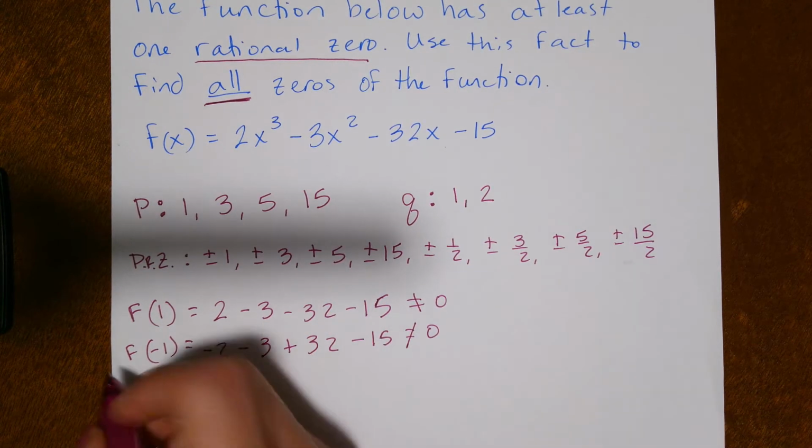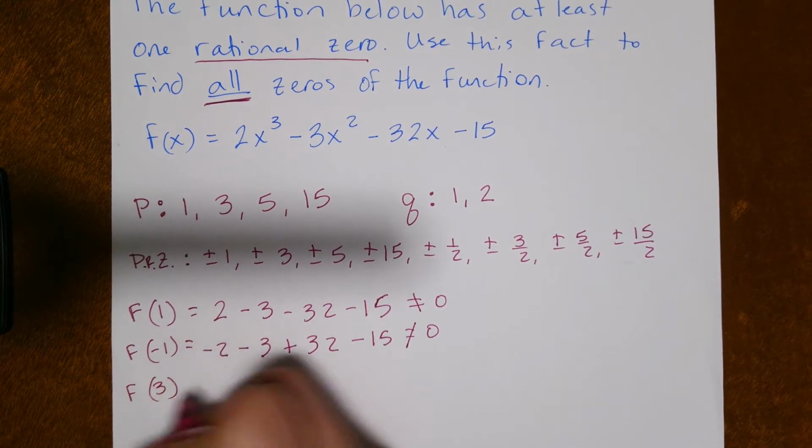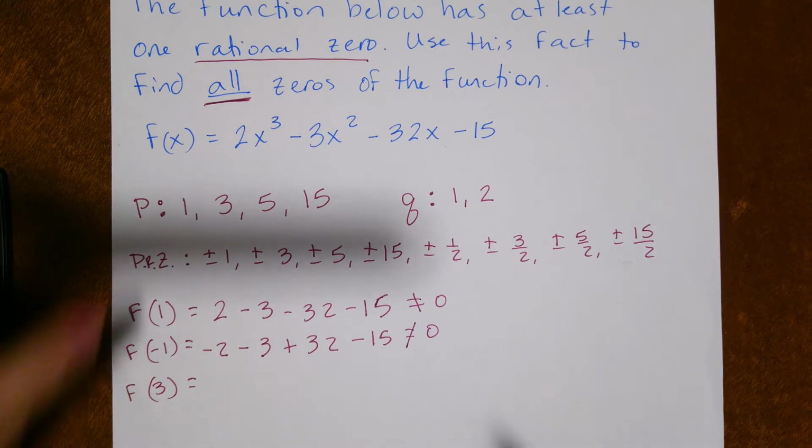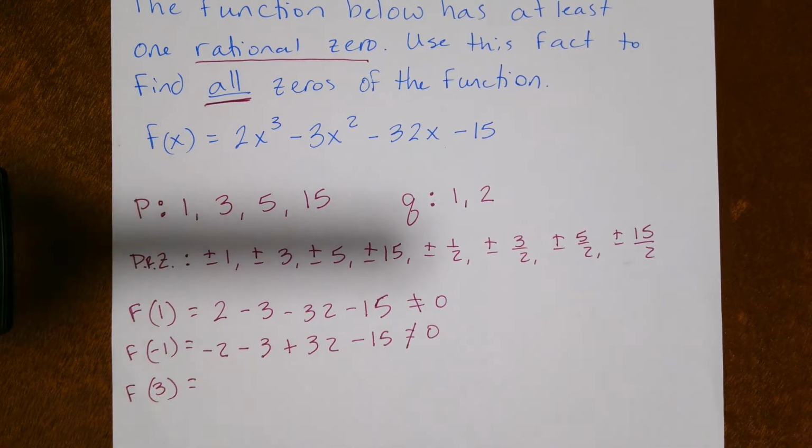So I'll go to positive 3. Is 3 a 0? I'm gonna cheat and put this in my calculator. The numbers are getting big, man.